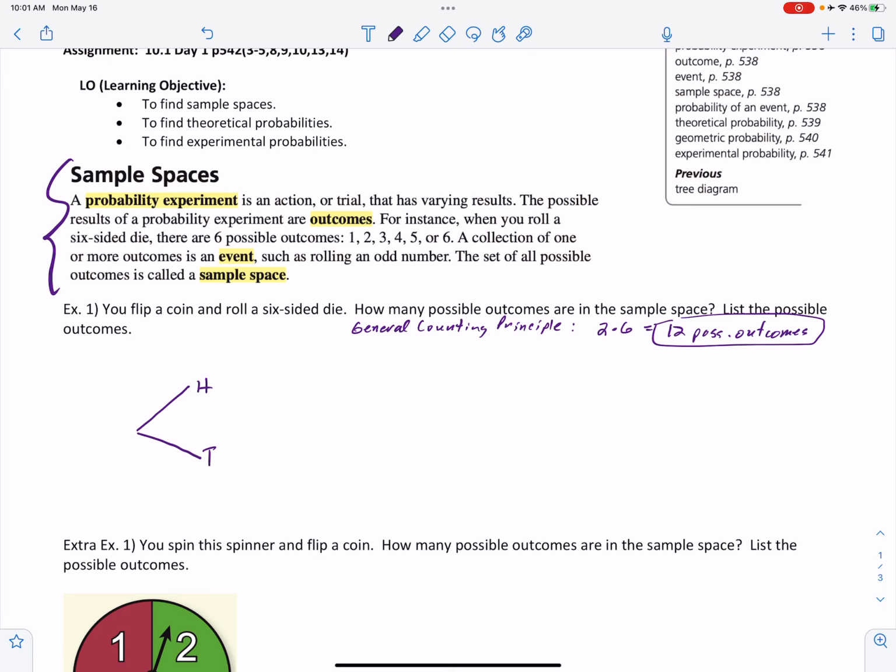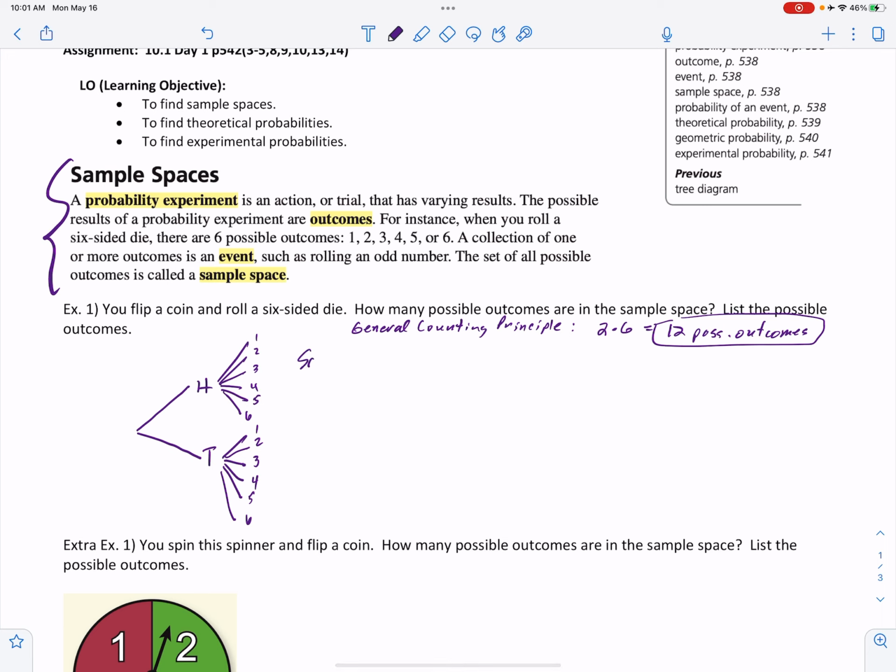And after the head, if you got a head first, then you'd get a 1, 2, 3, 4, 5, or a 6. Or the tail, 1, 2, 3, 4, 5, 6. And there are 12 ends of those branches, which is consistent with 12 possible outcomes.